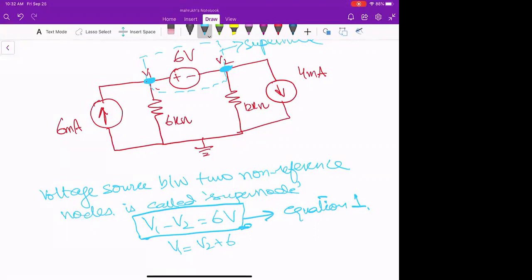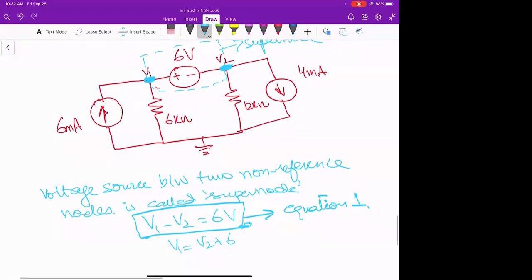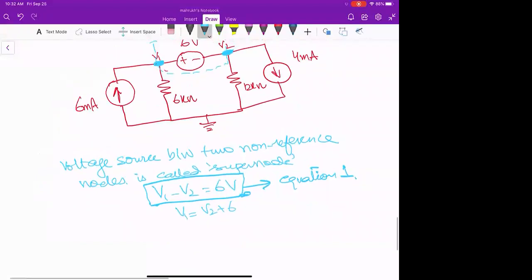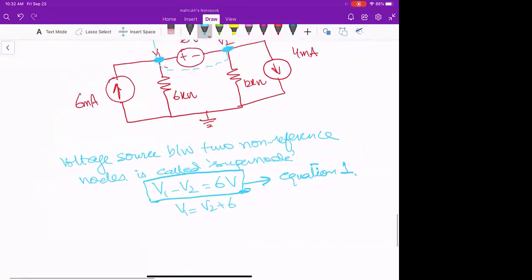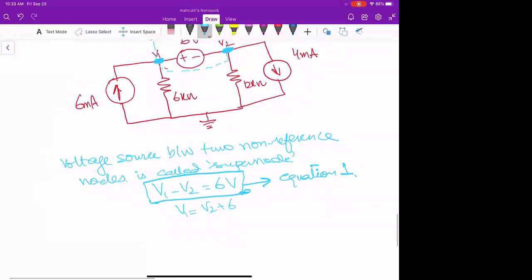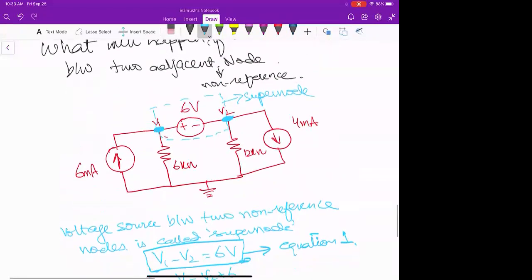Okay, so I will write only one equation, but another thing here is, as I have defined this as a supernode, right?